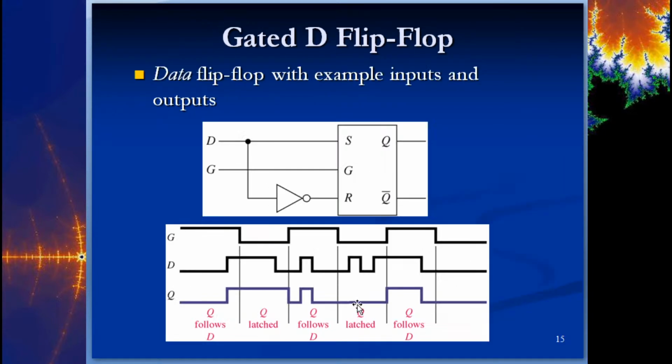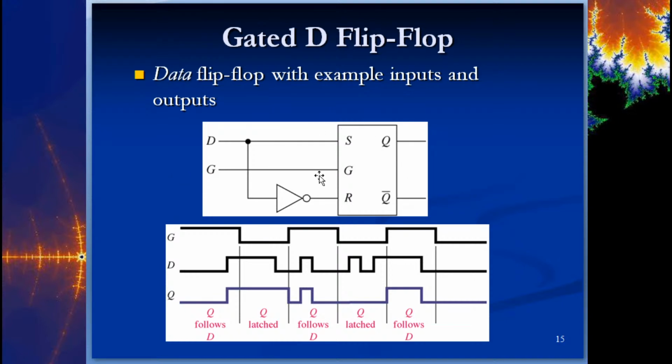Because if you only have a single data input, the only possibilities are 0, 1 or 1, 0, right? Because if D is high, D is going to get inverted here and become a low before it goes down to the reset. But now we only have one data line that we have to worry about controlling this flip-flop.